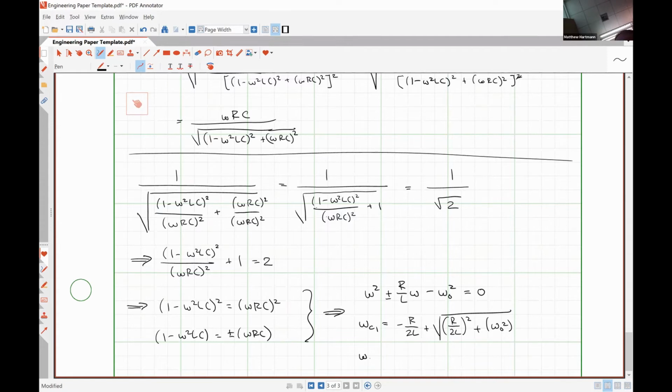And my high corner frequency, omega C2, is going to be positive R over 2L plus the square root of (R over 2L) squared plus omega naught squared.